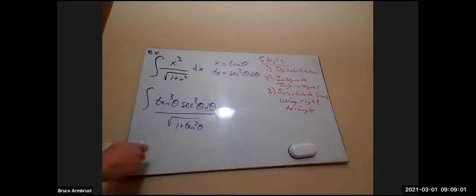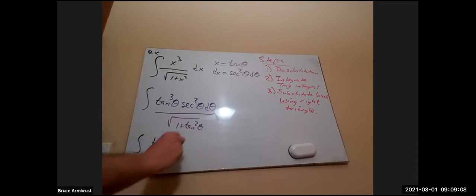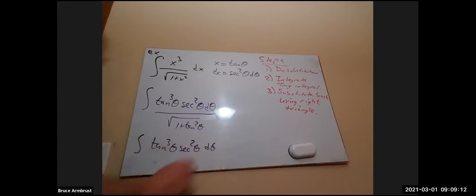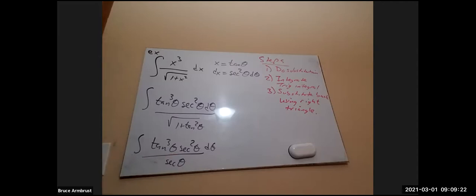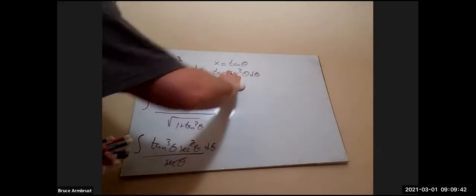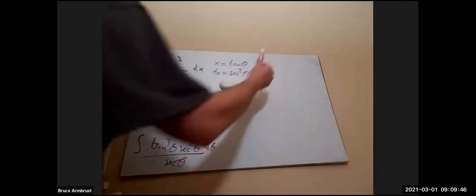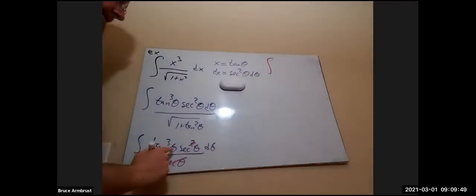If we keep going down here, we've got tangent cubed, secant squared, and then on the bottom, 1 plus tangent squared is secant squared. The square root of that is just secant. And so we can do one more step to simplify even further. The secant is going to reduce. So at this point, what we've got to integrate is the integral of tangent cubed secant.